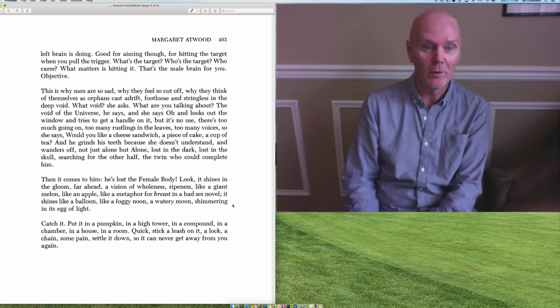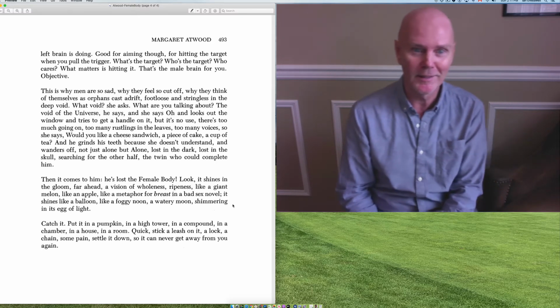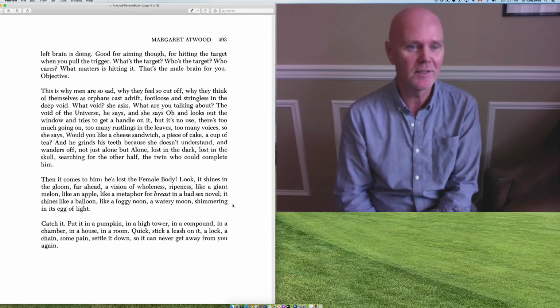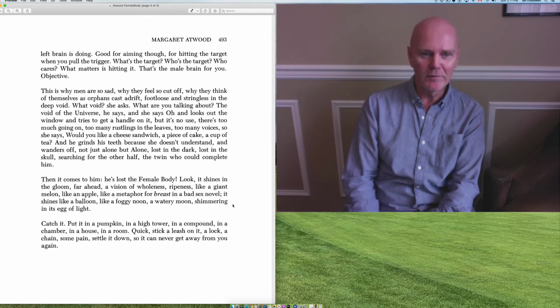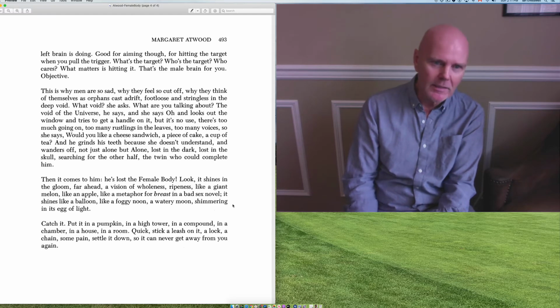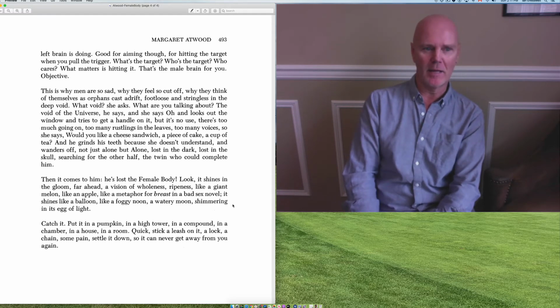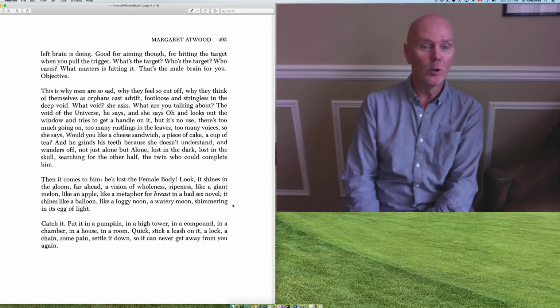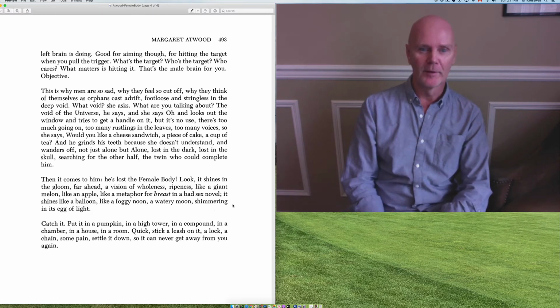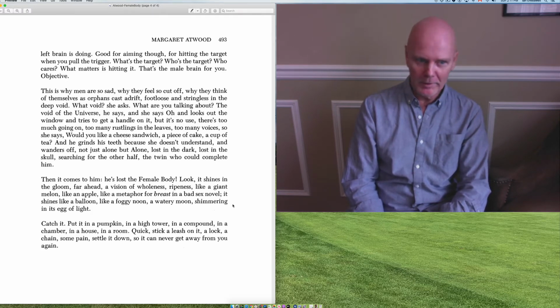There's too much going on, too many rustlings in the leaves, too many voices. So she says, would you like a cheese sandwich, a piece of cake, a cup of tea? And he grinds his teeth because she doesn't understand and wanders off, not just alone, but alone, lost in the dark, lost in the skull, searching for the other half, the twin who could complete him.